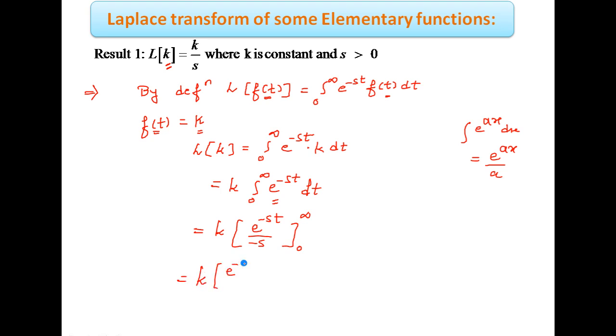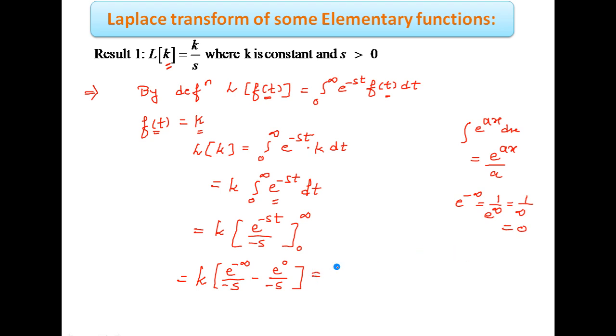Now applying the limit from 0 to infinity, that is equal to k into e to the power minus infinity upon minus s, if I replace t by infinity, minus e to the power 0 upon minus s, replacing t by the lower limit 0. Now see here, e to the power minus infinity is equal to 1 upon e to the power infinity, and anything raised to infinity is infinity, so 1 upon infinity is what? 0.